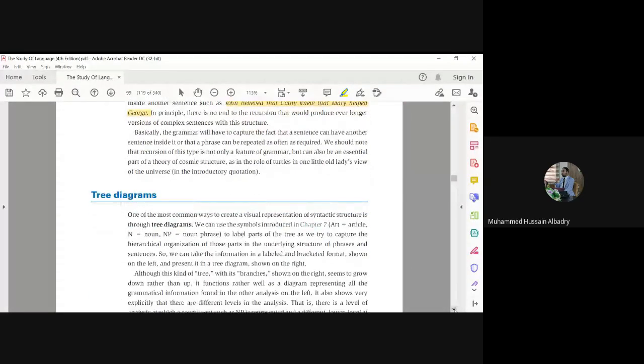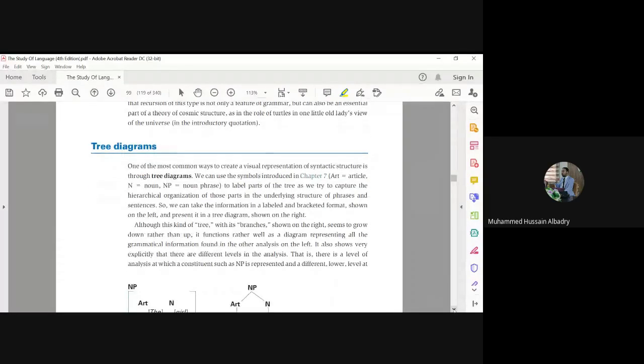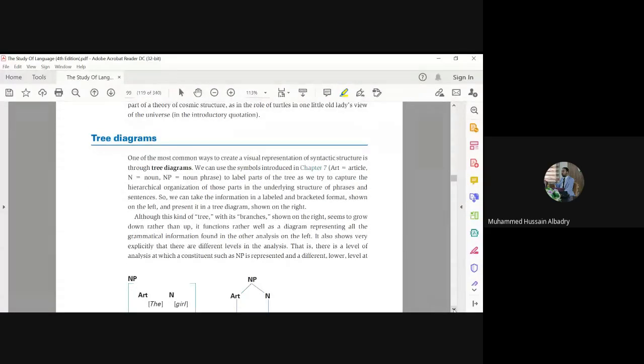We have tree diagram. Tree diagram is very important in this chapter. We talked about how to make classification, how to classify the units of the sentence, the components, how to divide them.